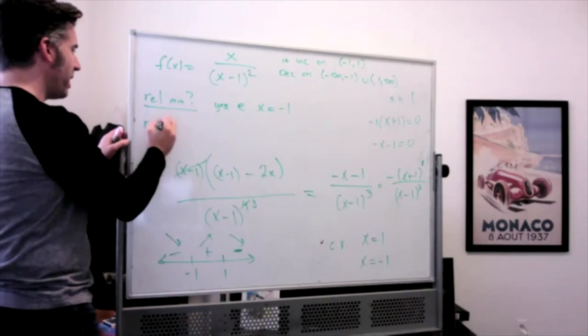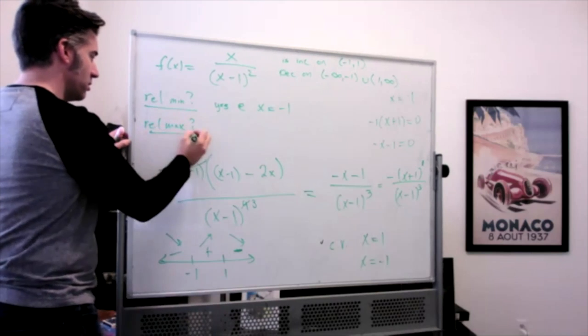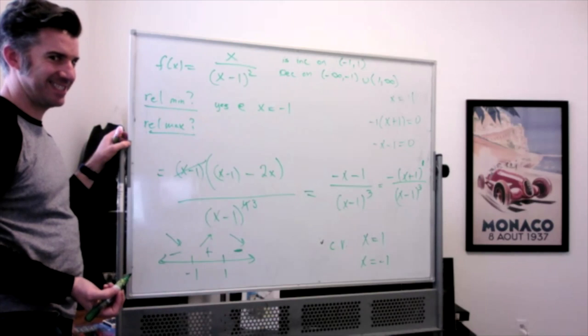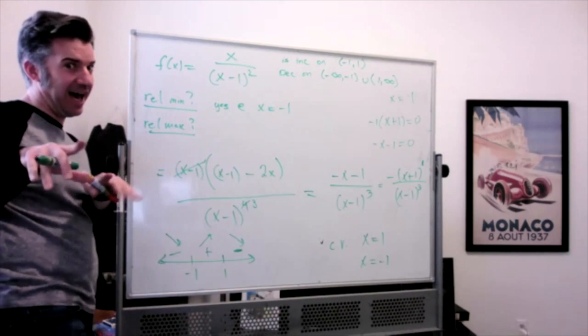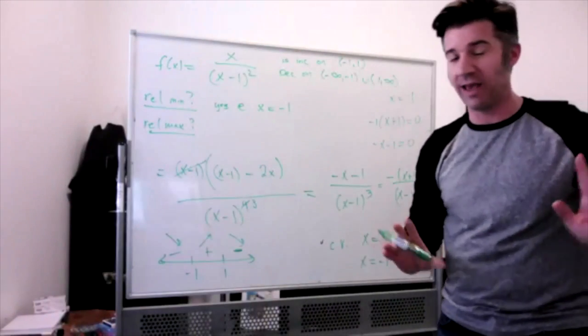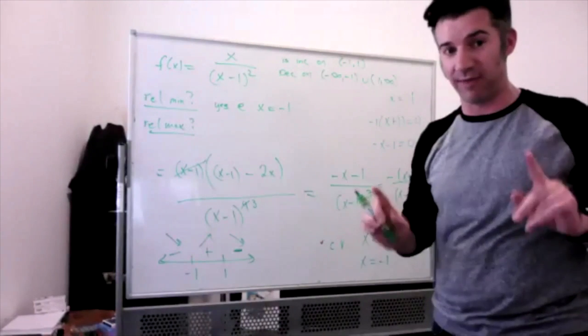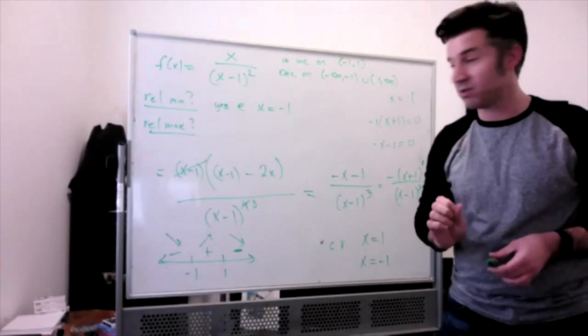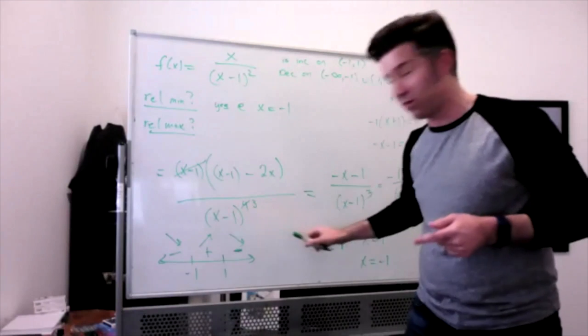Do I have a relative maximum? X equals 1? No. I really was hoping you guys would say yes, so don't feel bad that you got tricked. I definitely led you down the path of getting tricked on purpose. I don't have a relative maximum there, even though it's increasing to decreasing.